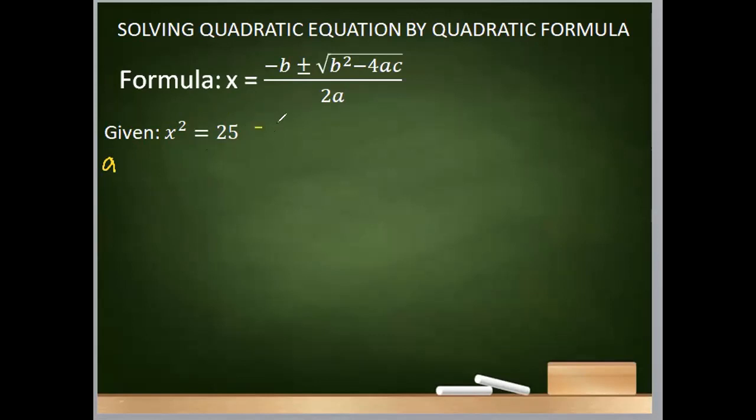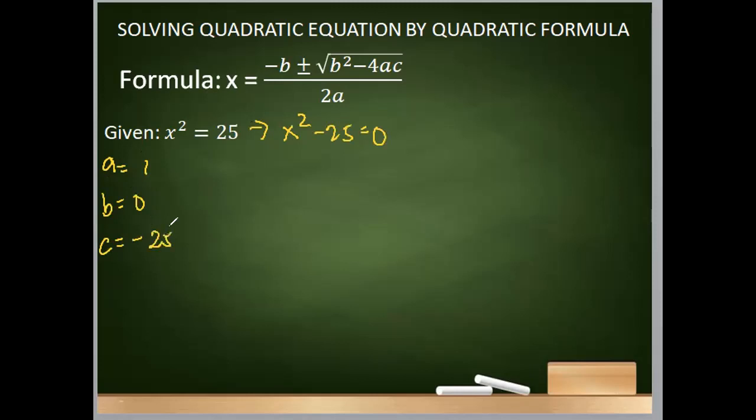So it will become x squared, transpose positive 25 to the left side of the equation, negative 25 is equal to 0. Okay, so the value of a is 1, the value of b, as you can see, we don't have b there, that is 0, and the value of c is negative 25.